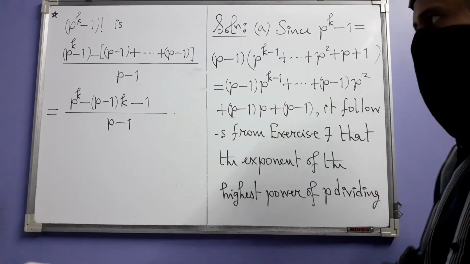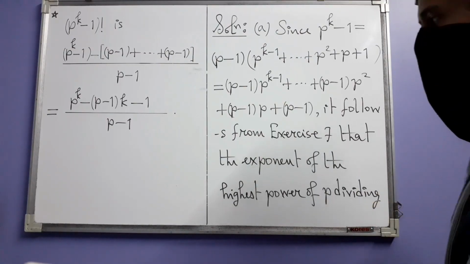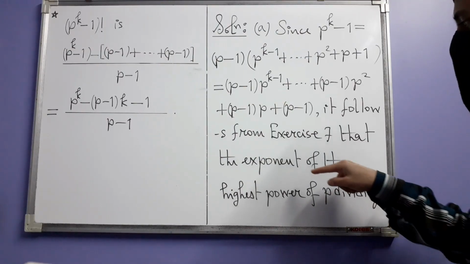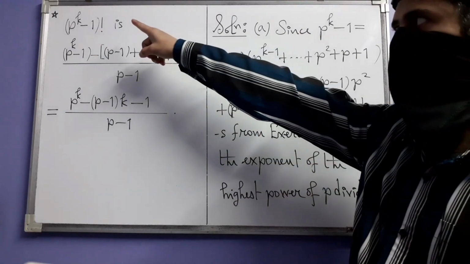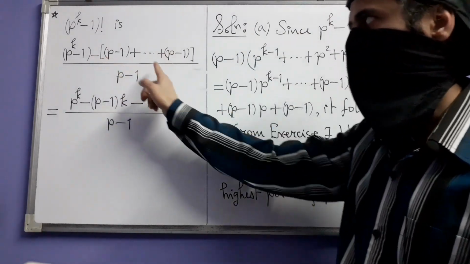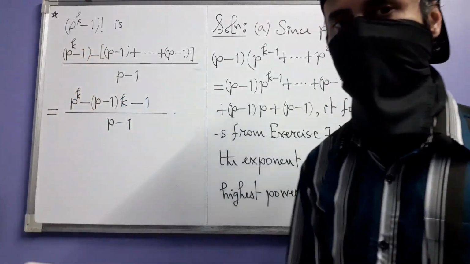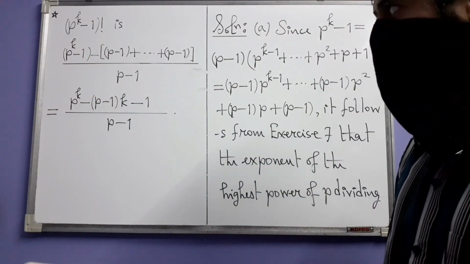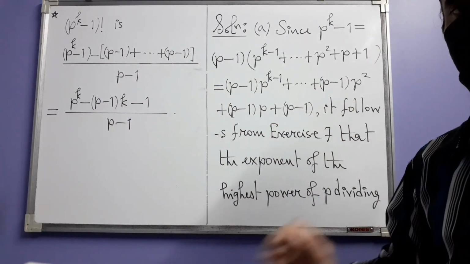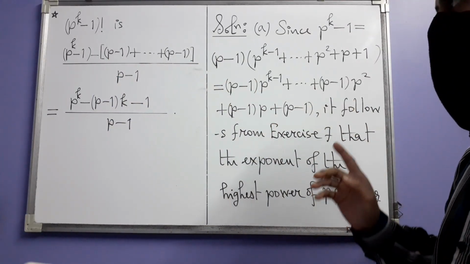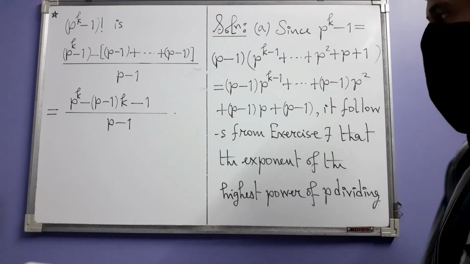And that is why we can now apply exercise 7 result directly here, and that tells us that the exponent of the highest power of p which divides this factorial would be this, namely that n, which in our case is p to the power k minus 1, from which we subtract the sum of all the exponents, all of which are p minus 1. But now the question is, how many p minus 1s do we have here?